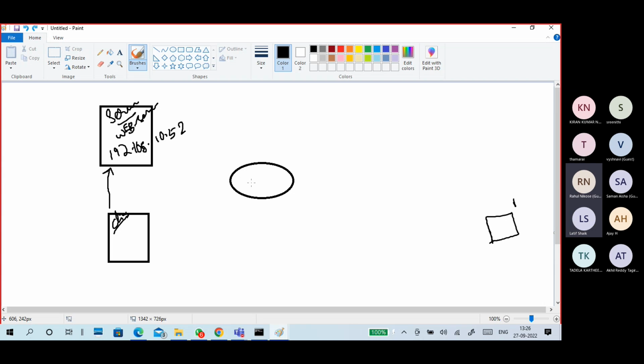In this router, we use a technique called NAT, network address translation. What I am doing here is masking my original IP address. I take my IP address ending in 52, which is my local IP, and map it to a public IP, something like 101.34.56.22.